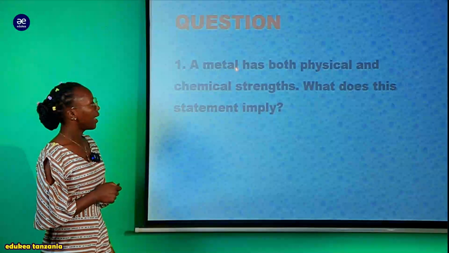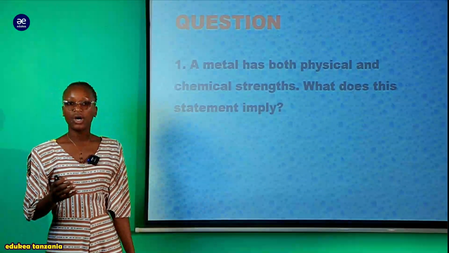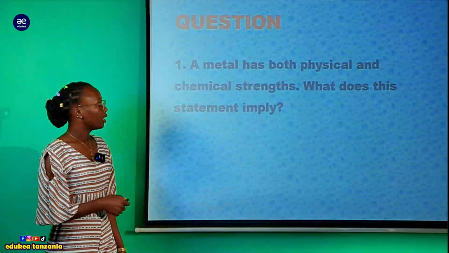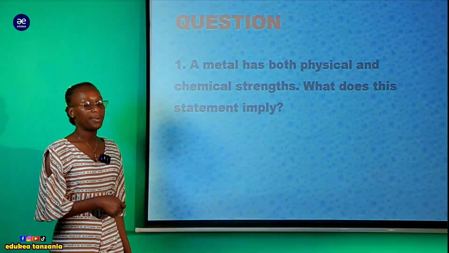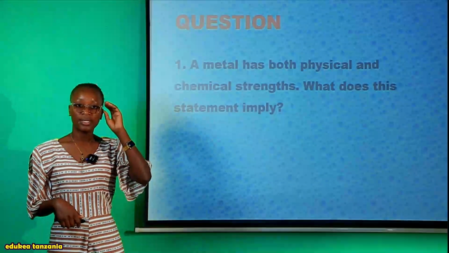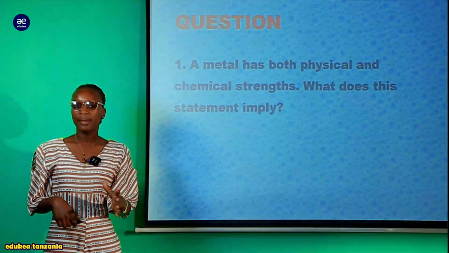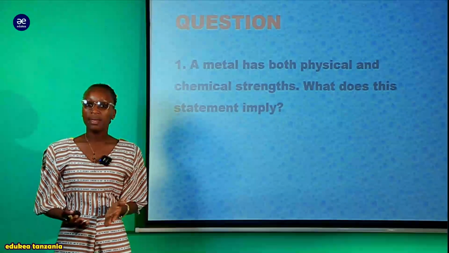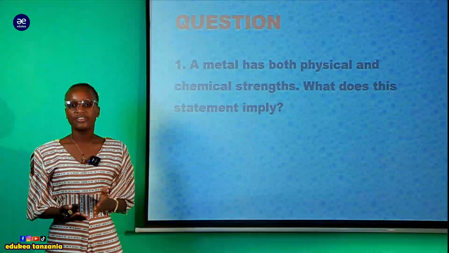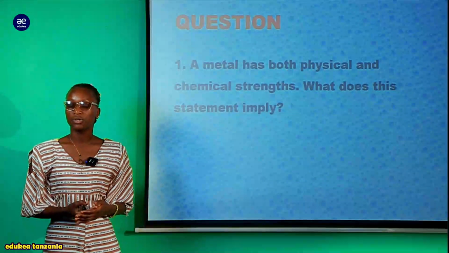The question states that a metal has both physical and chemical strength. What does this statement imply? This question of extraction of metal always appears in section C and sometimes in section B. In section B, maybe you will be told to draw some of the methods ambazo zinatumika kufanya extraction of metal.